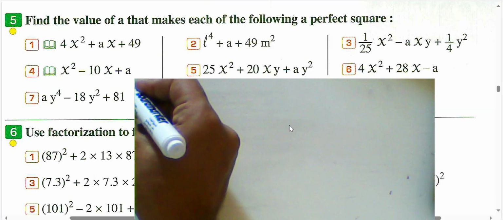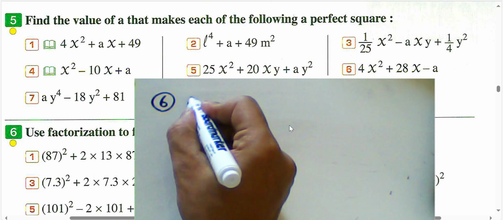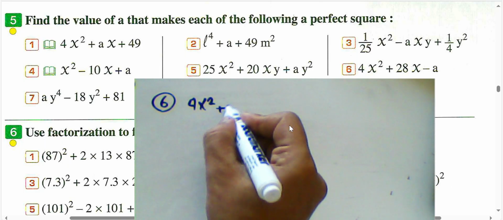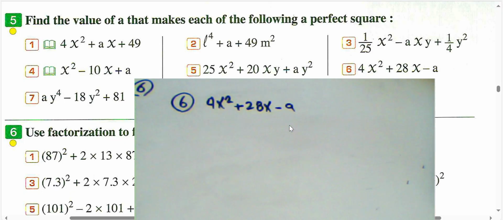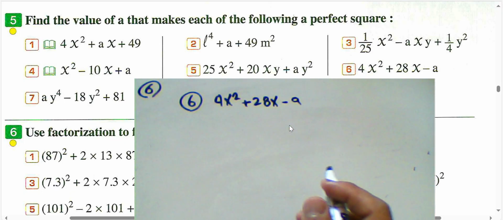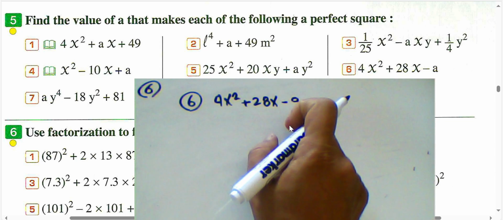Question number 6. Four x power 2 plus 28x minus a. Okay, a here lies in the third. This must be positive, not negative.